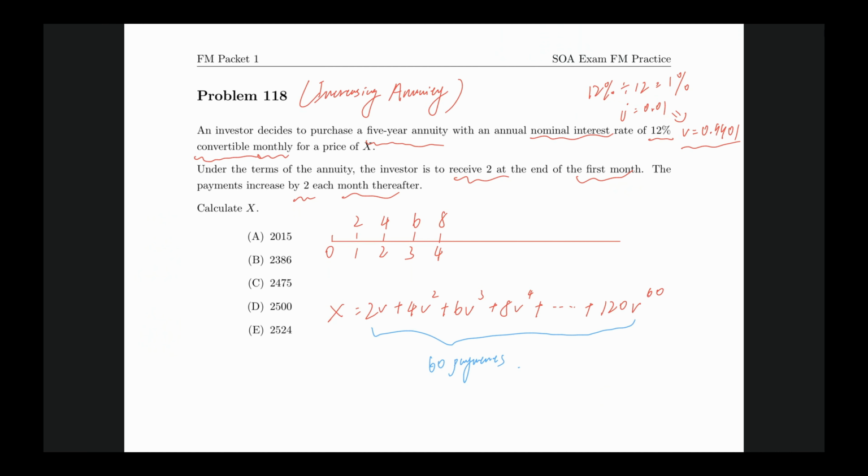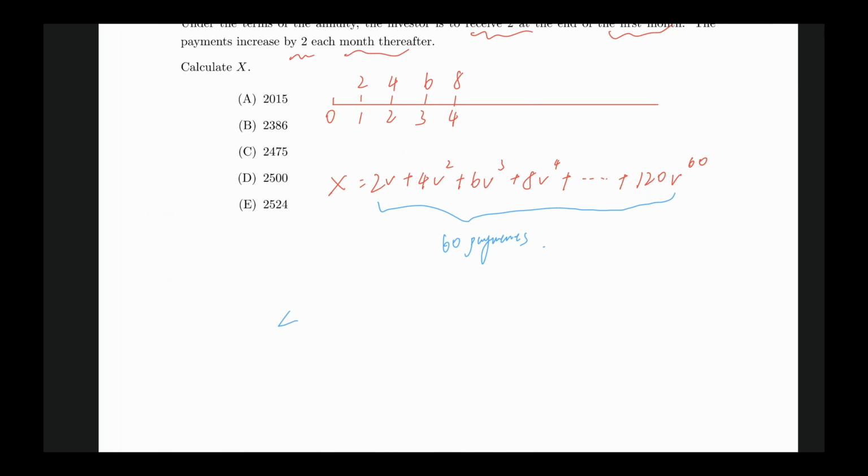Okay, so this is like an increasing annuity, and because of that, maybe I should just write out the general formula which will help us solve the question. So k times x to the power of k. It turns out there's a general formula. And if you don't want to memorize this formula, that's totally fine, because I don't memorize it as well.